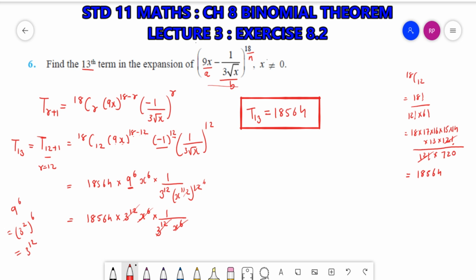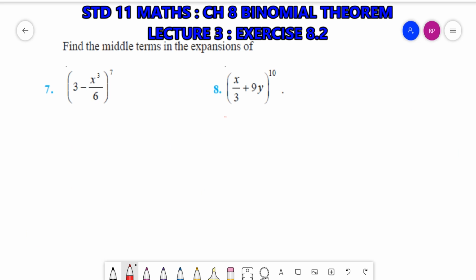Now let's move to the next one. Question number 7 and 8, you have to find out the middle terms. So 7: 3 minus x cubed by 6 whole raised to 7. Now see here n is equal to 7. So total terms will be equal to 8.